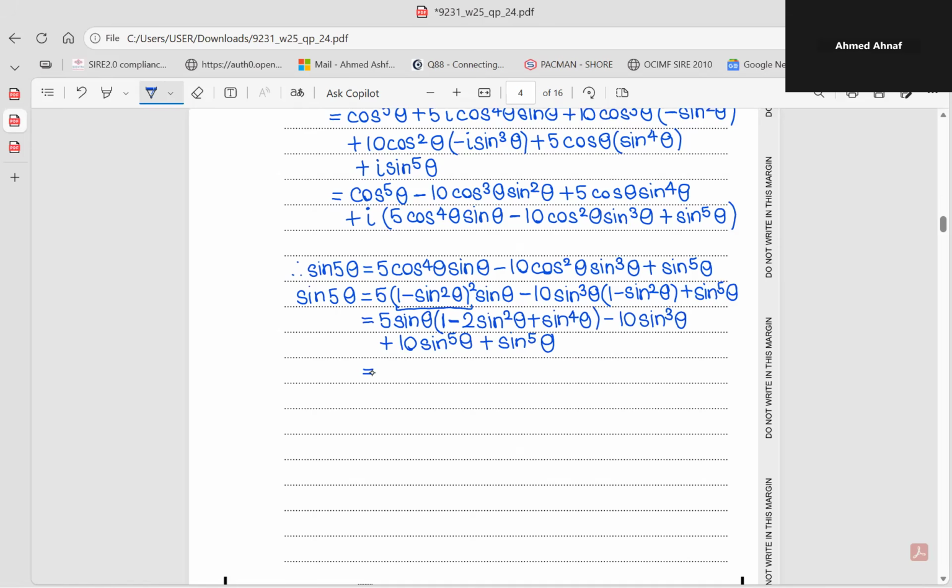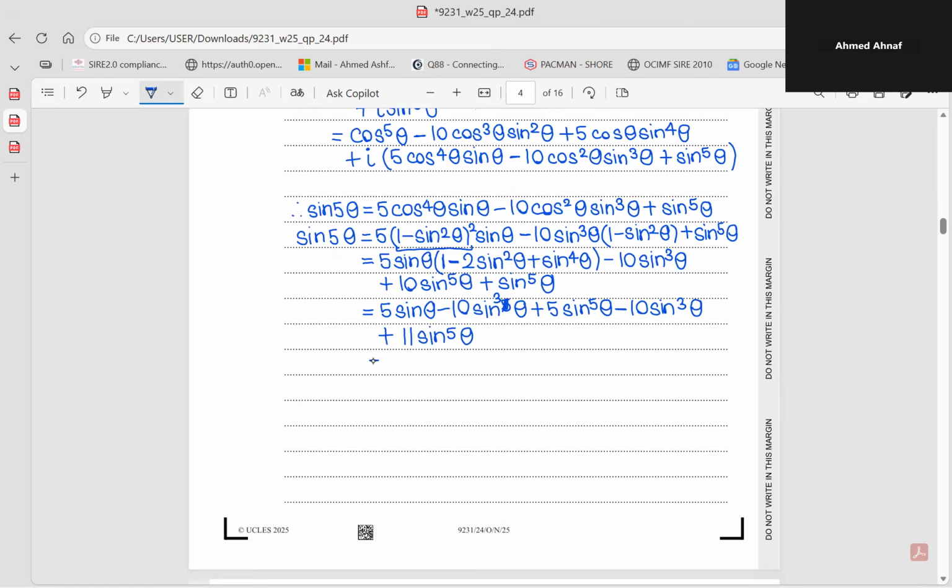Okay, so let's expand: 5 sine theta minus 10 sine cube theta, sorry, plus 5 sine to the power 5 theta minus 10 sine cube theta plus 11 sine to the power 5 theta.